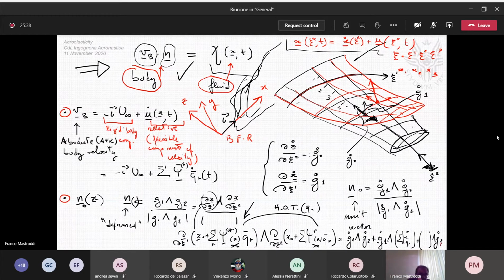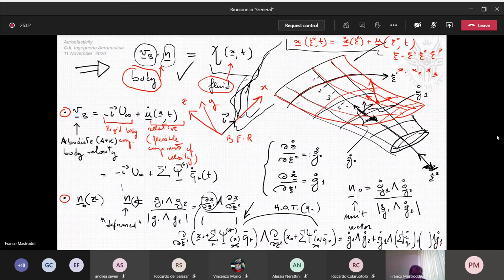So we have a rigid body reference motion plus the relative motion with respect to this body frame of reference, which is actually the deformation. In particular, here we have the derivative of this deformation because we are representing the velocity. So this VB is the sum of these two quantities.